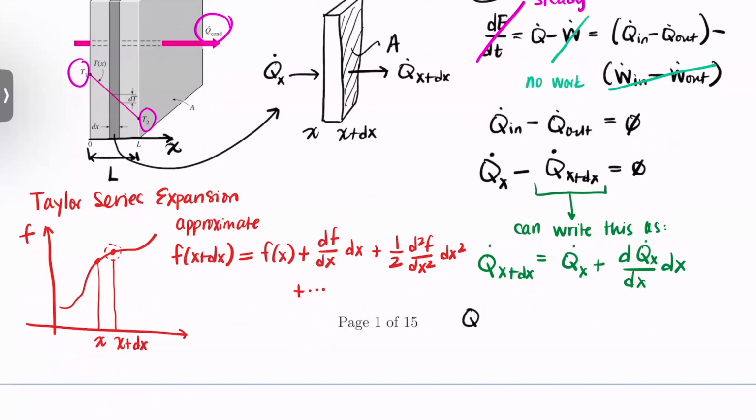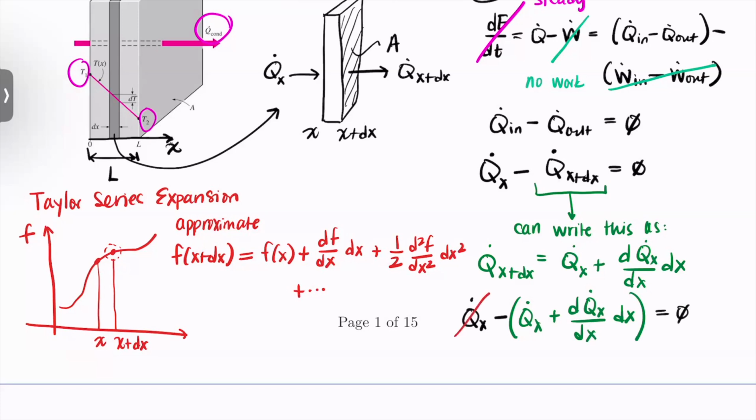All right, so I can plug this in and get everything in terms of q dot x, right? So I have q dot x minus q dot x plus dq dot x dx times dx, and that whole thing is equal to 0.